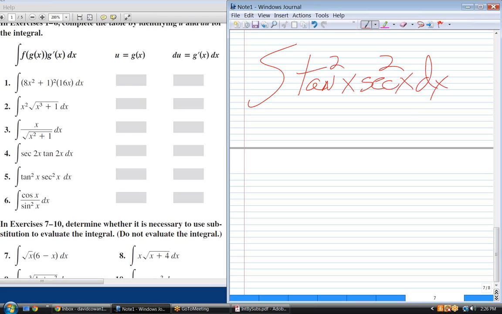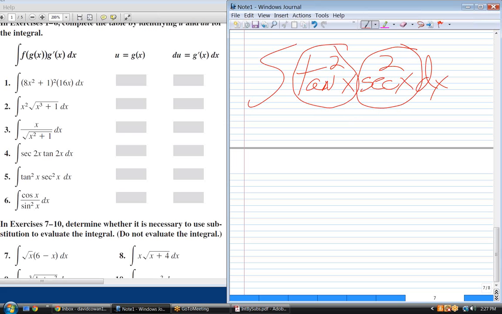Now, the first thing to look for, we have the product here. We have the product of this times the product of that. So if we're going to use u substitution, is either one of those the derivative of what we would let u equal to? No. Actually it is.